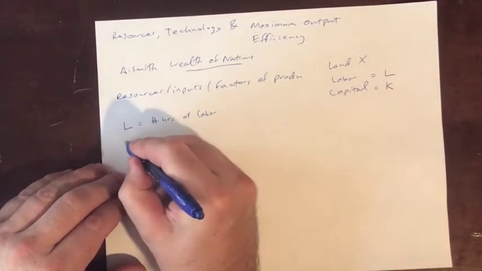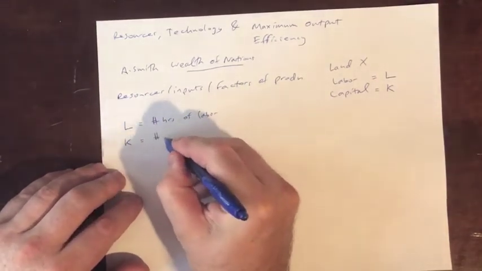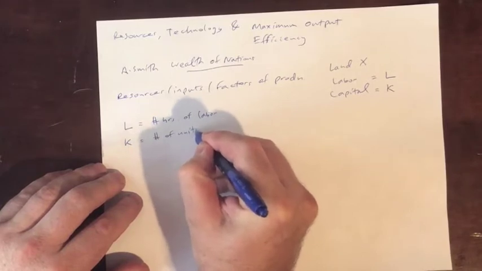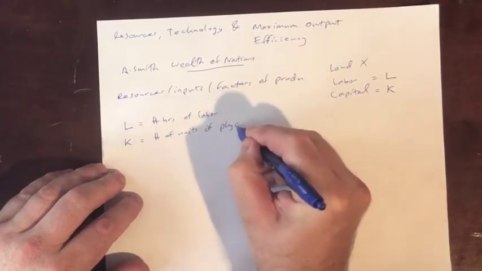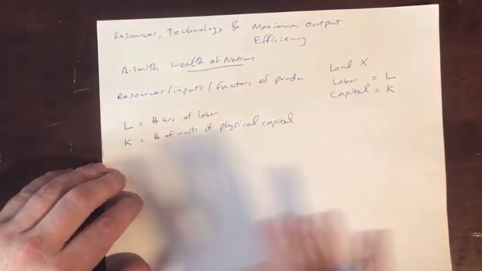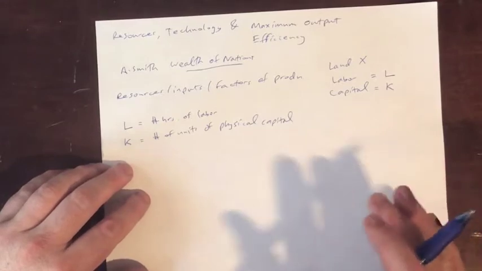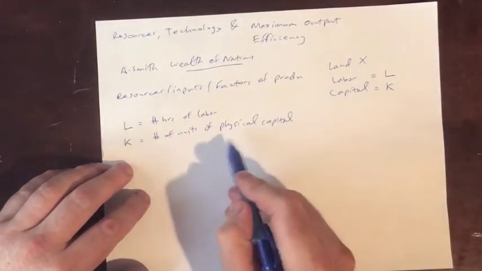Now capital K, we're going to think of that as the number of units of physical capital. And again, if we're talking about the entire society, we mean how much total physical capital is available. Physical capital, what does that mean?